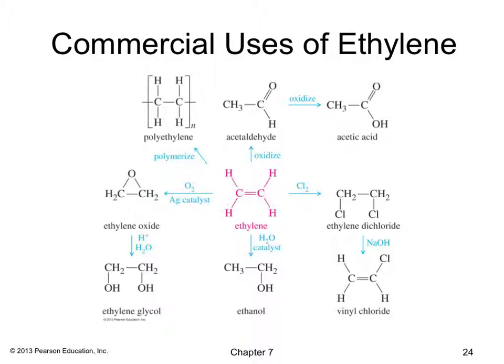You can add oxygen to it to generate an epoxide in the presence of silver, and then you can open up that epoxide to generate the diol ethylene glycol. You can polymerize to generate polyethylene, oxidize to generate acetaldehyde, oxidize again to the acetic acid. So these are different routes by which you can use ethylene as a starting material.